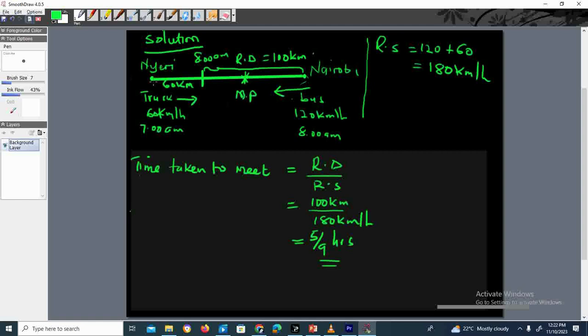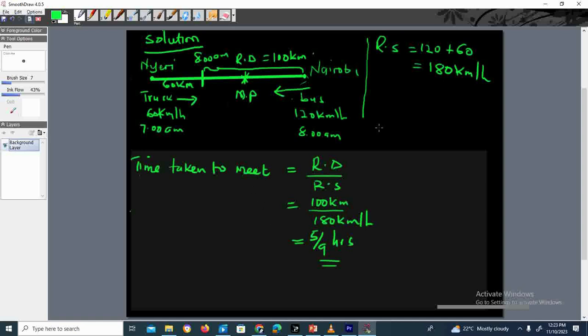So I want this distance. Because we already know the distance from Nyeri to where the truck was at 8 a.m., that is 60 kilometers, we can as well calculate the distance covered by the truck from 8 a.m. to the meeting point. It traveled for just 5/9 hours.